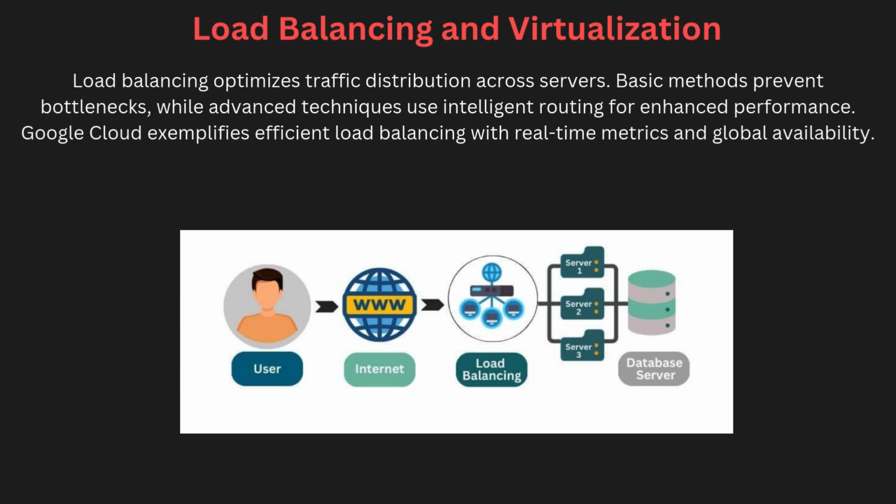Advanced load balancing employs application delivery controllers (ADC) and application delivery network for intelligent traffic management. These systems analyze the traffic pattern and allocate resources dynamically, ensuring high availability and scalability. Google Cloud exemplifies effective load balancing with its global infrastructure, leveraging real-time metrics and advanced algorithms to maintain service reliability even during peak usage periods also.